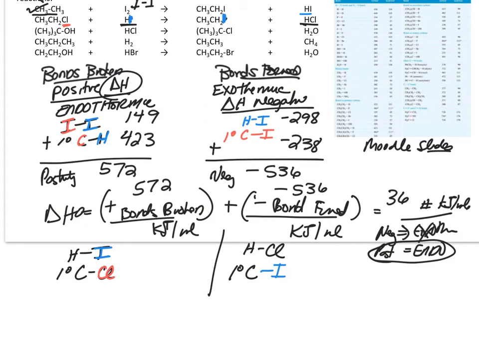HCl has formed. So then when I go to my table, HI is 298 kilojoules per mole.